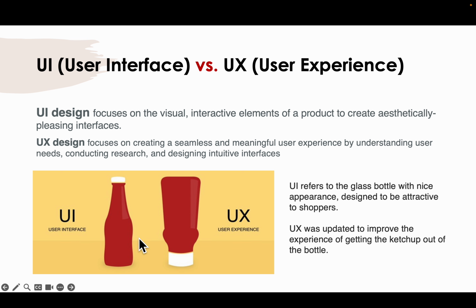Although the glass bottle might look nice, you have to shake it and struggle to get the ketchup out, which means it's a poor user experience. It's nice in UI, but poor in UX, right? So compared to the glass bottle, the squeeze bottle has better UX design. That's the difference between UI and UX.